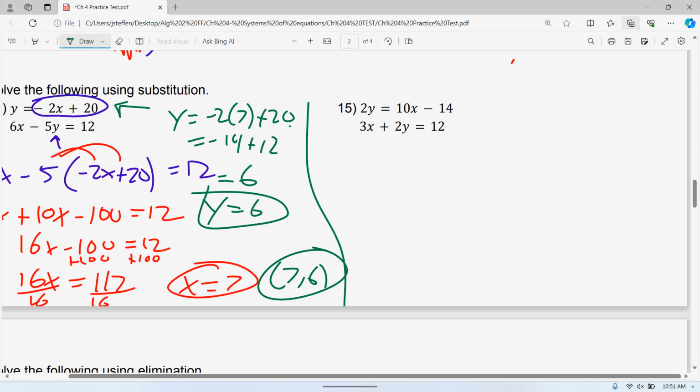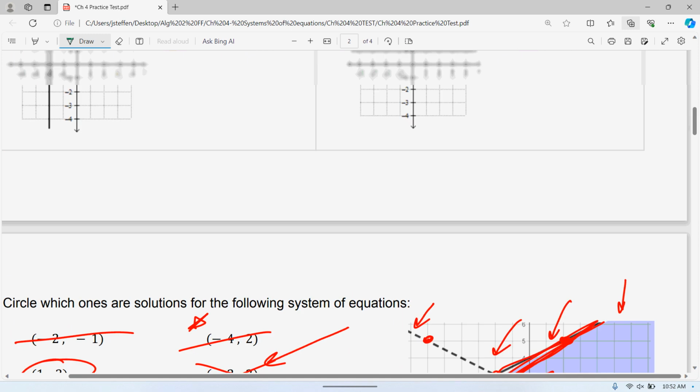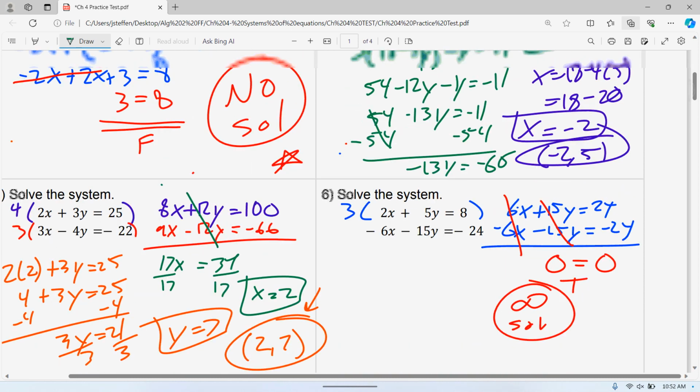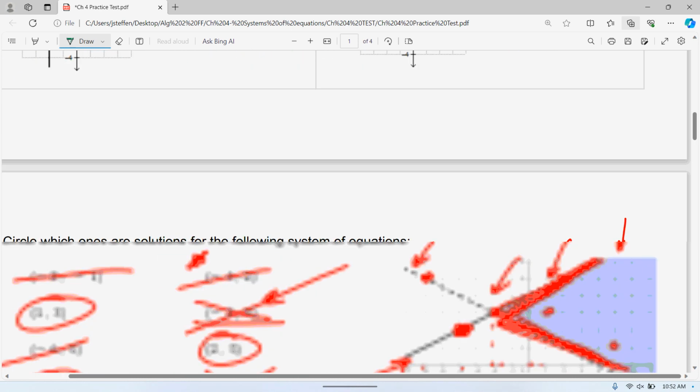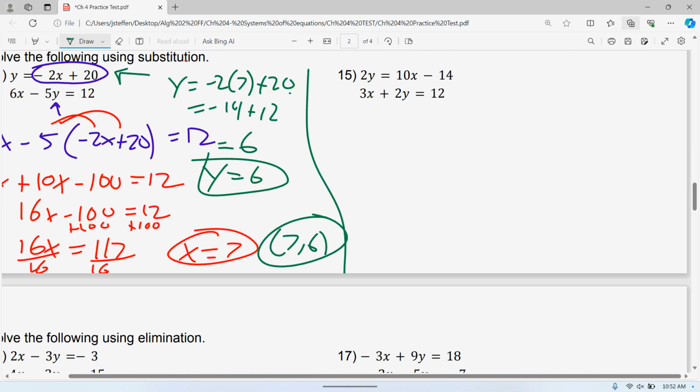And this is similar to what we did up on the other page. Number, hold on, let me look at number 6 up here. Oh, no, number 4. Makes me feel better. So I'm going to divide y by itself. So divide by 2, divide by 2, divide by 2.